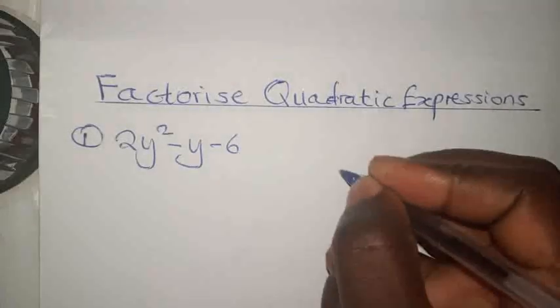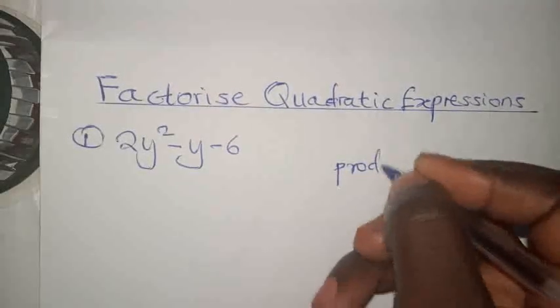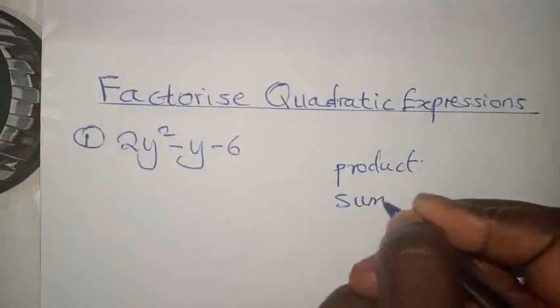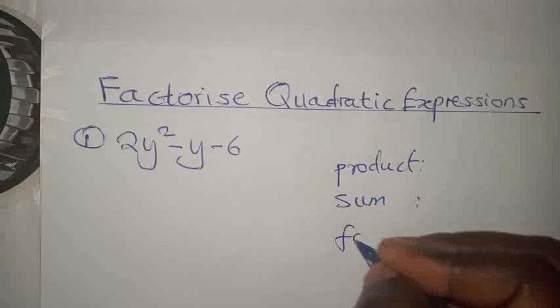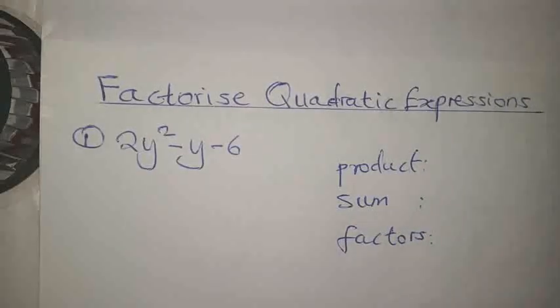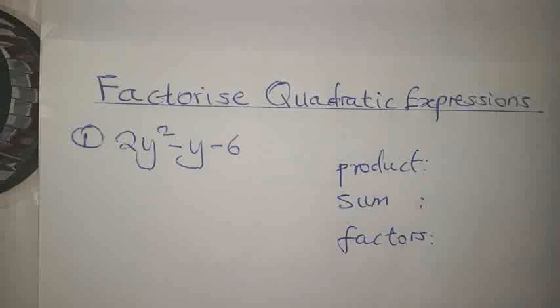We need to find our product. We need to find our sum, and we need to find our factors. Now, what is a product? We know it's the answer you get when you multiply two or more numbers.